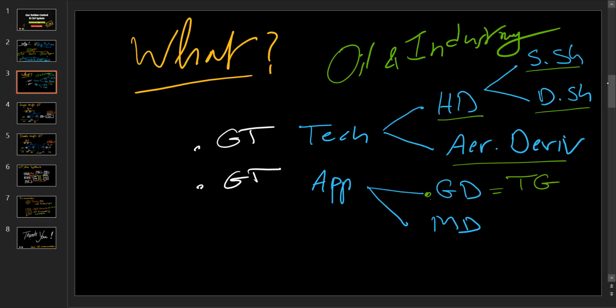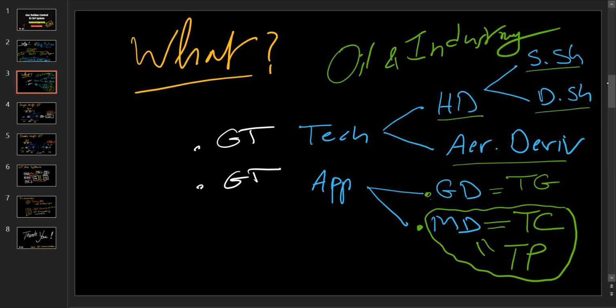For the mechanical drives, we mainly encounter turbo compressors, okay, TC, turbo compressors, or we can find turbo pumps, TP, okay. So we have mainly 3 applications: turbo generator, turbo compressor, turbo pump. The turbo compressors and turbo pumps are grouped into one application called mechanical drives.